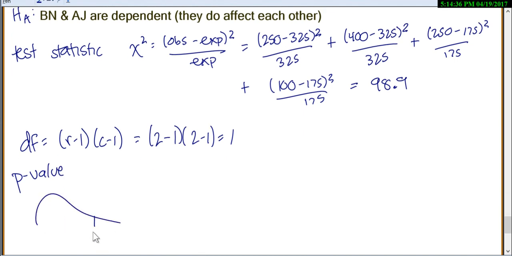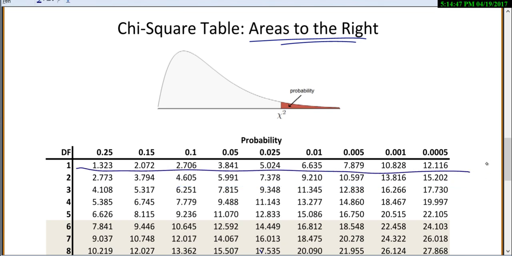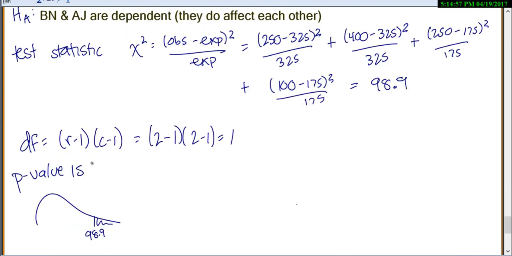For my p-value, here's my chi-square test statistic of 98.9, and I want the area to the right with 1 degree of freedom now. So with 1 degree of freedom, 99 is going to be somewhere way, way, way out there. That's a very, very, very small p-value.